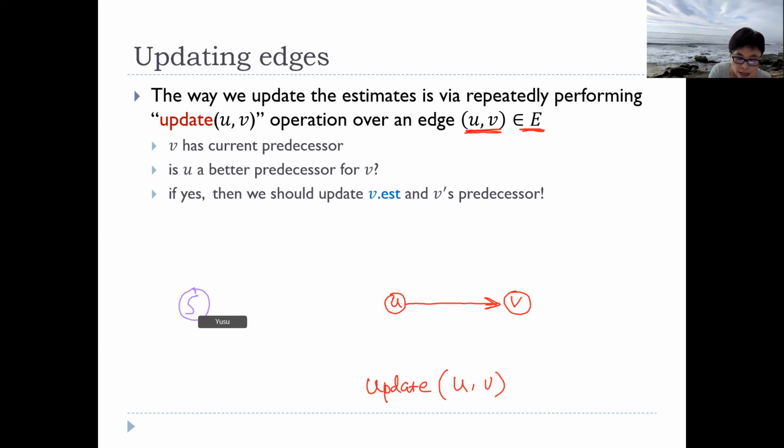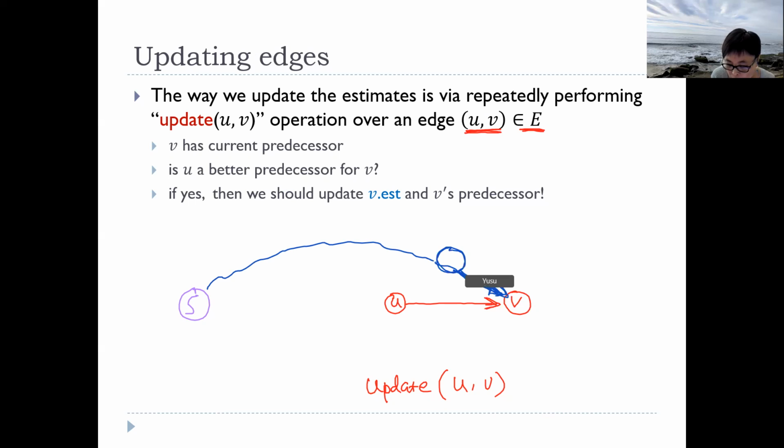Now remember that at this point, you already found some estimated shortest path from S to V. And let's say that you already have a predecessor along this estimated shortest path.